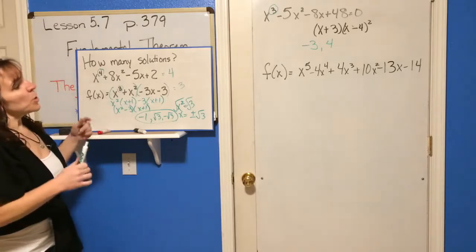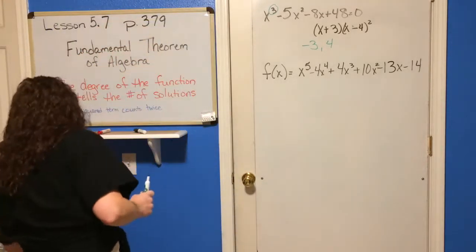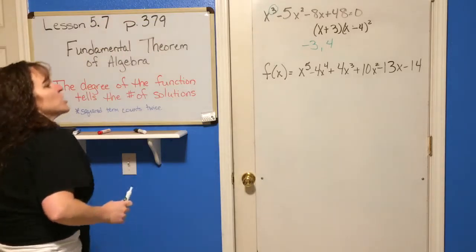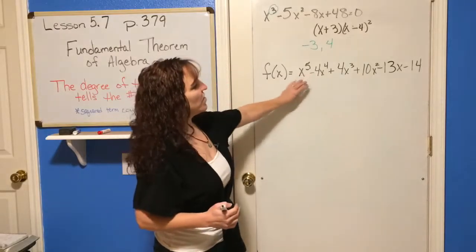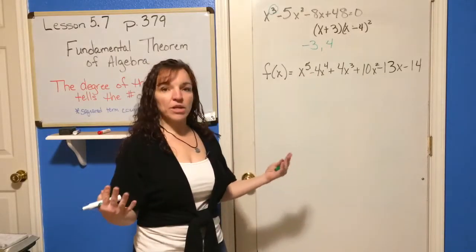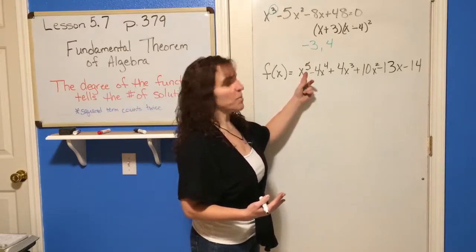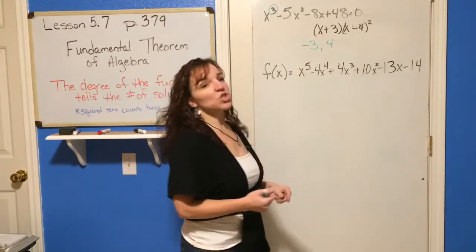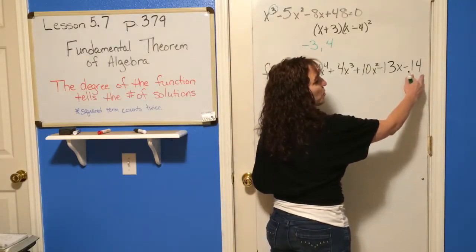All right? So let's do one great big scary looking one and show you that it's not so bad. If I want you to find all of the zeros in this function, how many are you looking for? Well, the answer is easy. There are 5 of them. So let's start by narrowing the field down. What are the factors of 14? Remember, we did this.